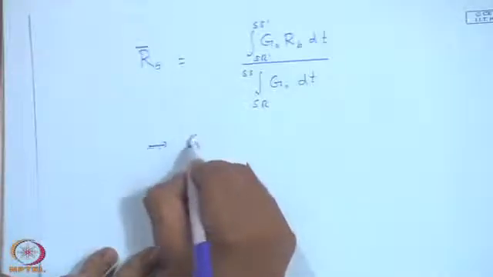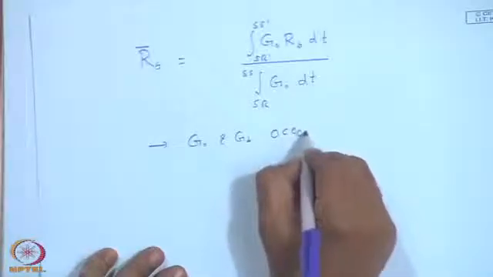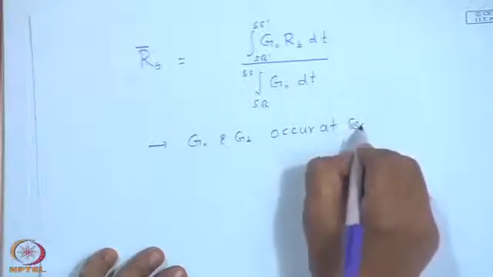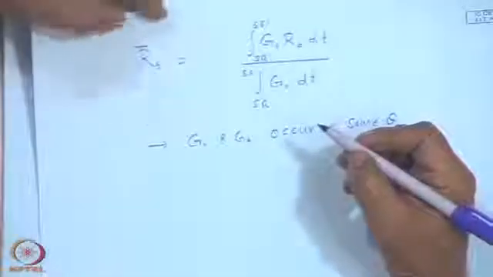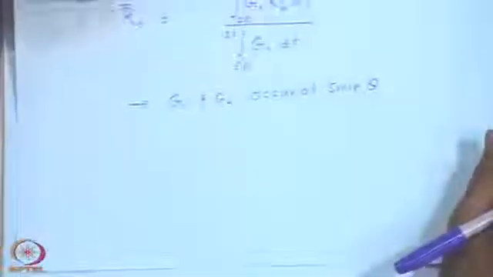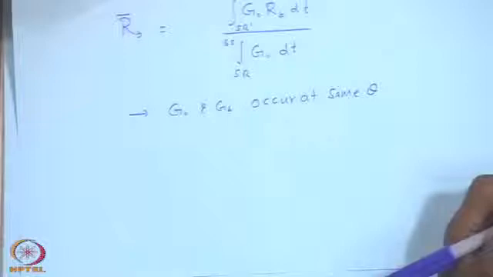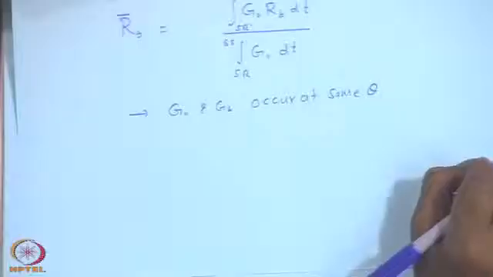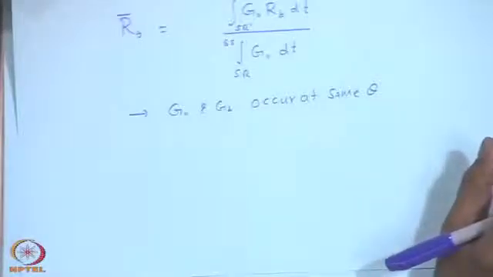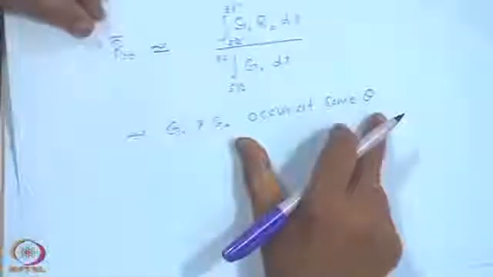The justifications are that G 0 and G b occur at the same theta. The angle of incidence of the extraterrestrial radiation on a horizontal plane and the instantaneous G b at an instant will have the same theta. What differs is that G 0 numerically differs from G b. So this is an approximation based upon this.